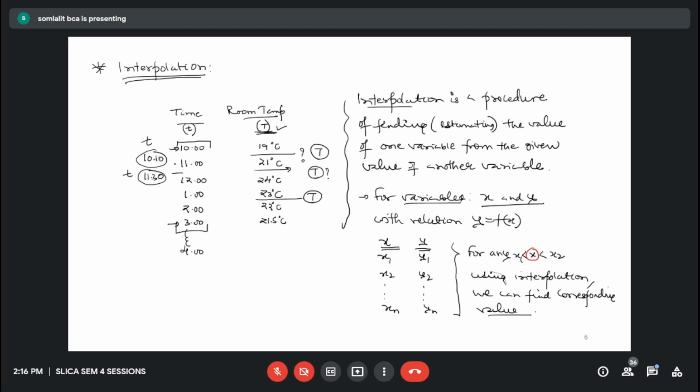If you are given one more time, say 1 o'clock and 9 minutes, or in general time t, how will you get the corresponding room temperature? All these questions you can answer precisely with the help of interpolation. You will see, once we discuss some theory, we can find these using interpolation.